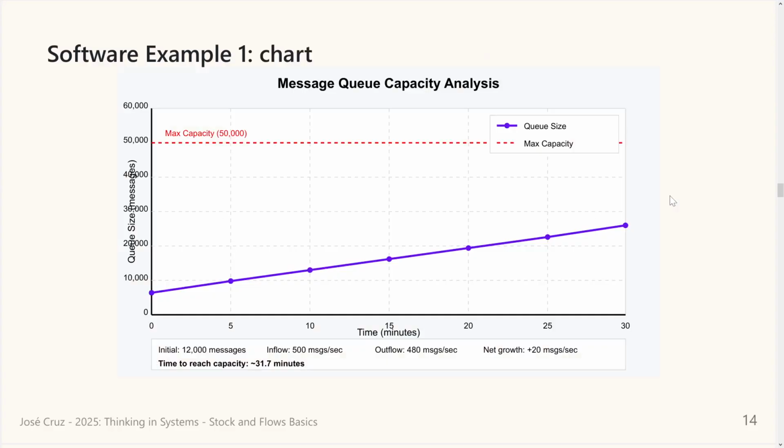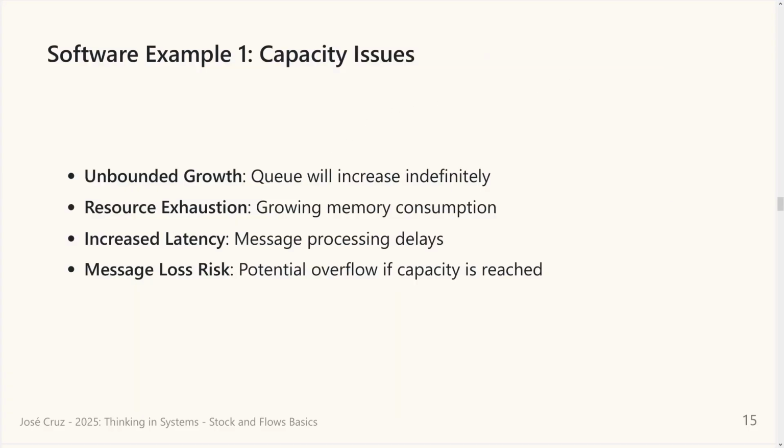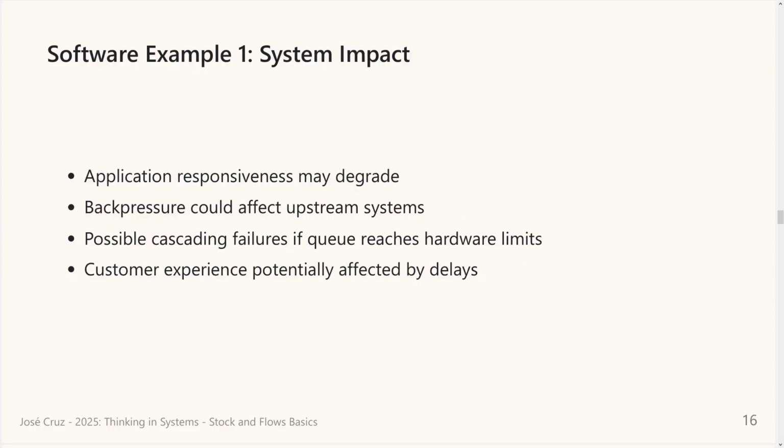So there will be increased latency, meaning a very long waiting time from the client's point of view. And of course, there is the risk of losing messages. At some point, there will be timeouts, and for sure, there will be some risk of losing messages.